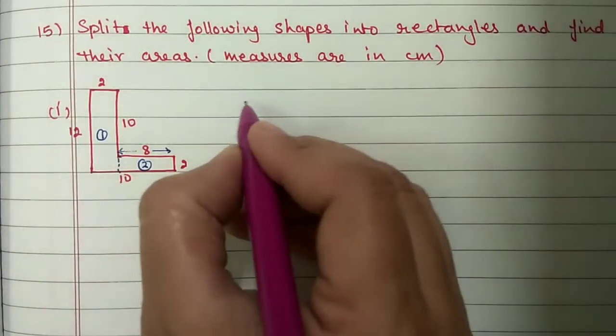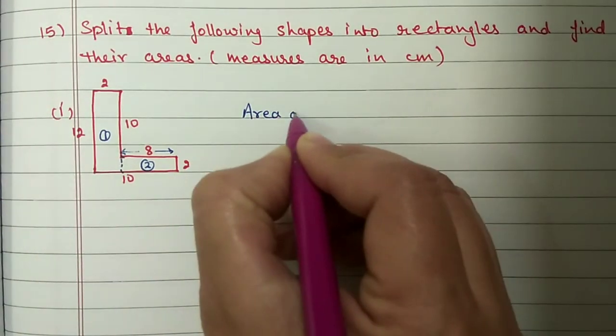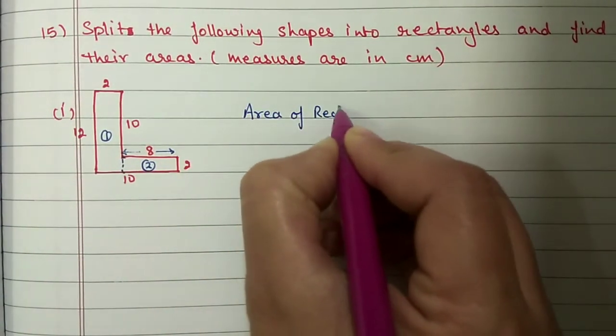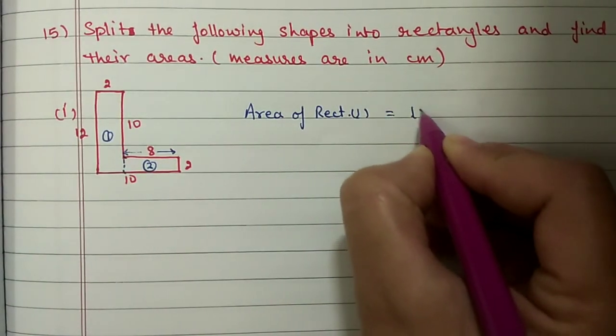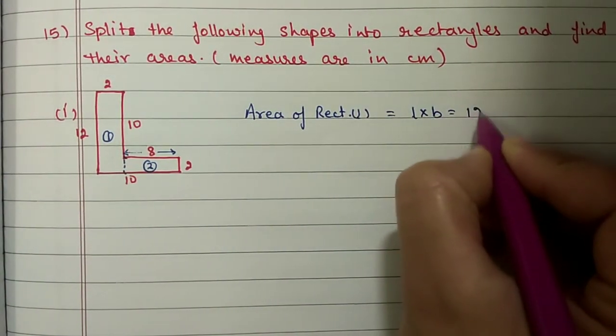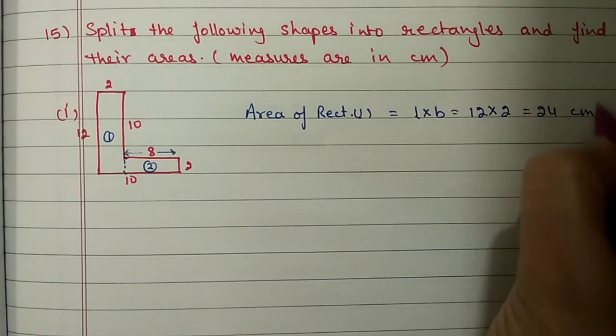So area of first rectangle is equal to length into breadth, 12 into 2, we will get 24 centimeter square.